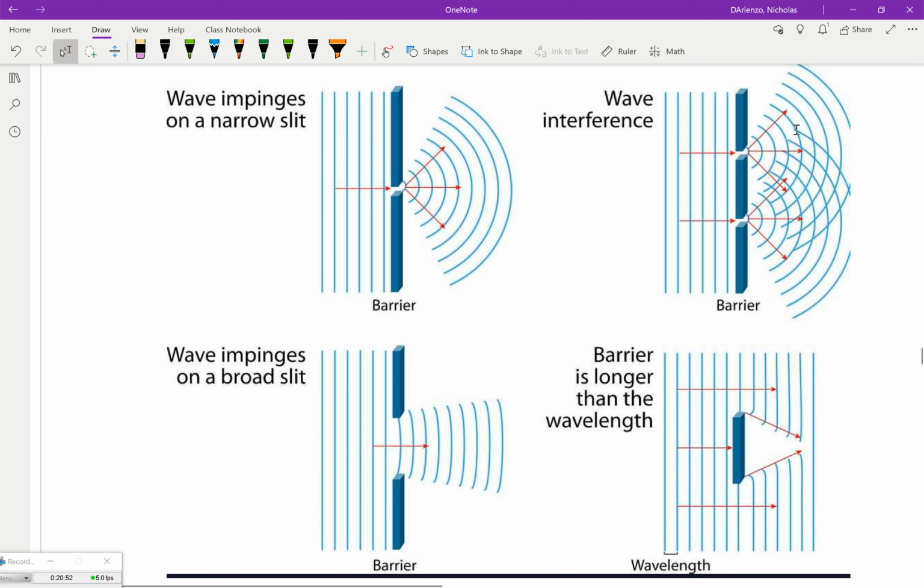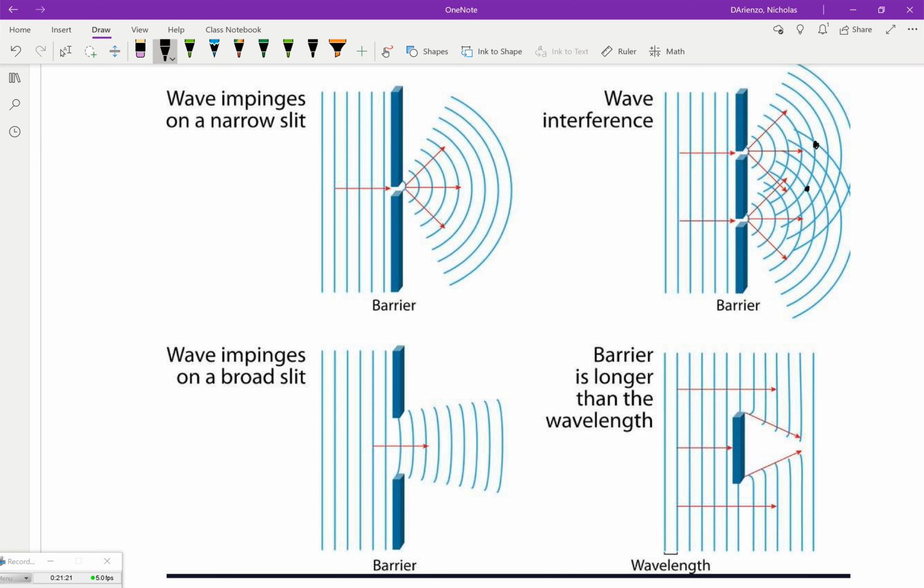Now, wave interference, we were looking at this with the simulator. With two openings here, we have the same waves moving through the slits, and where we have crests combining with each other, something like that, and like that, we can have maximum constructive interference.